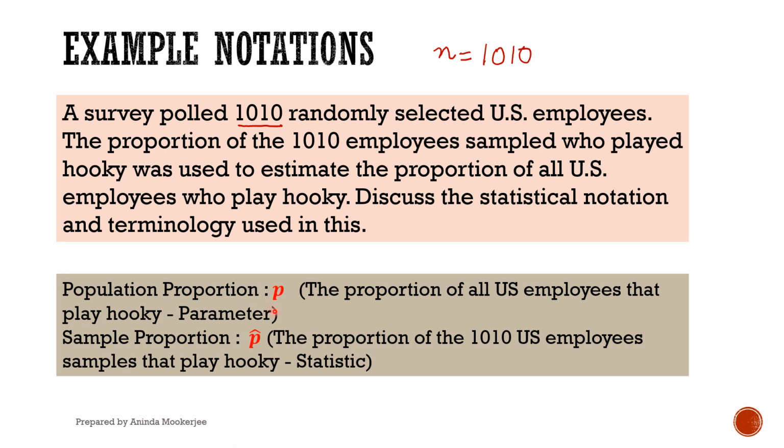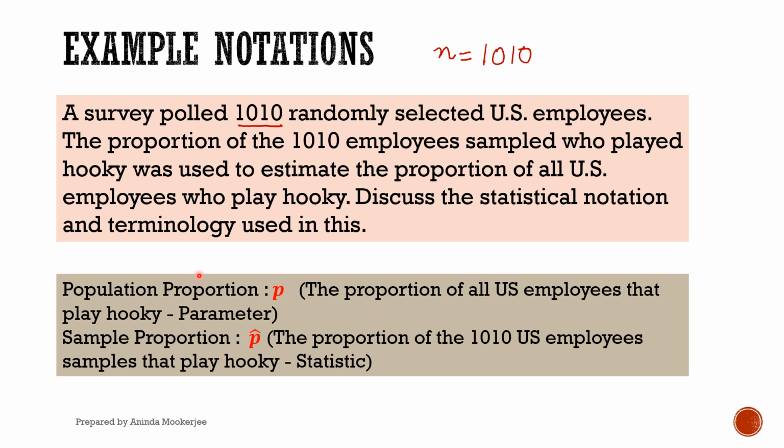So at this point, they're not asking us to do any calculations. They're just making sure that we understand how to represent this particular example as population, what part represents the population proportion versus the sample proportion.